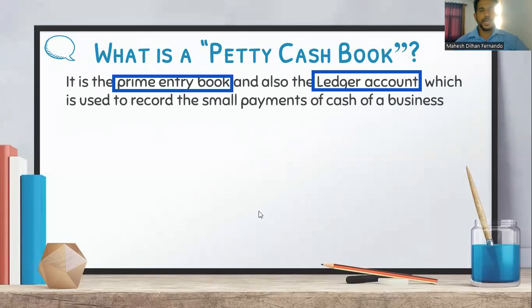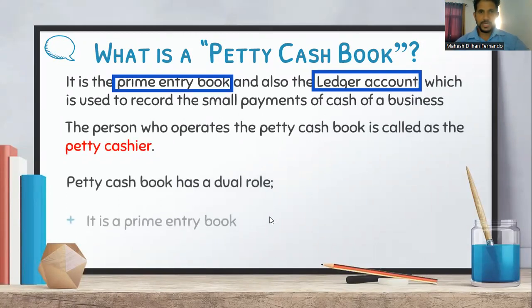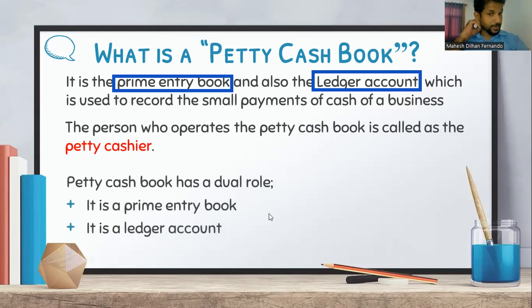And the person who operates the petty cash book is called the petty cashier. I think I explained that. Once again, I told you in the beginning also, the petty cash book has a dual role. What is the dual role? The petty cash book acts as a prime entry book as well as a ledger account.